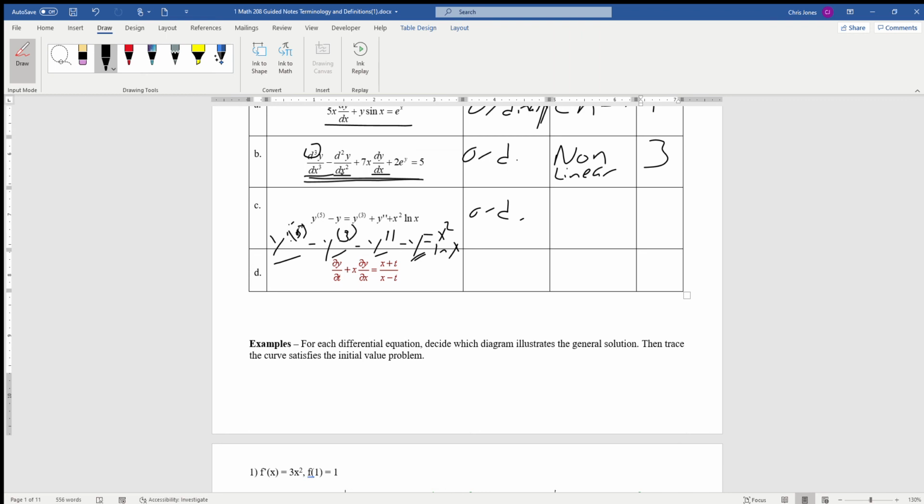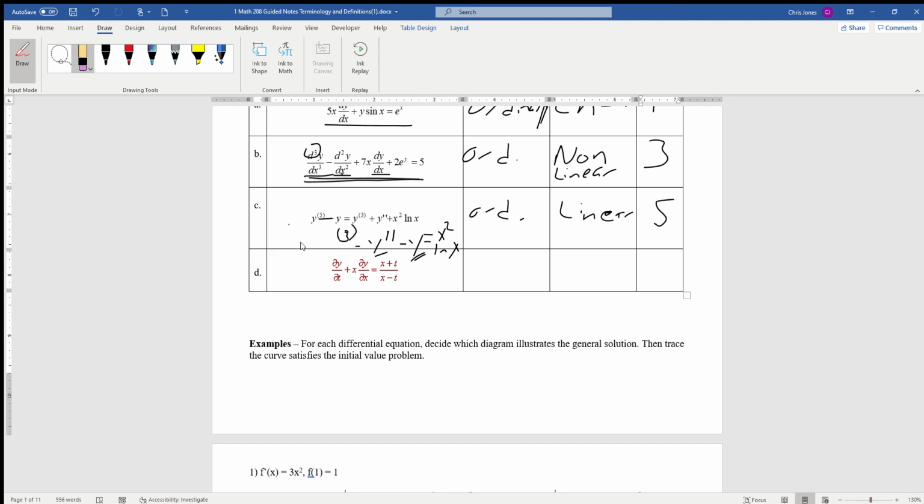None of those are affected by any other operation, such as a square root or a natural log on the y's. So it is linear. And then finally, what is the order of this? Obviously the highest order is the fifth order. We have a fifth derivative, which is the highest one. So we have a fifth order differential.